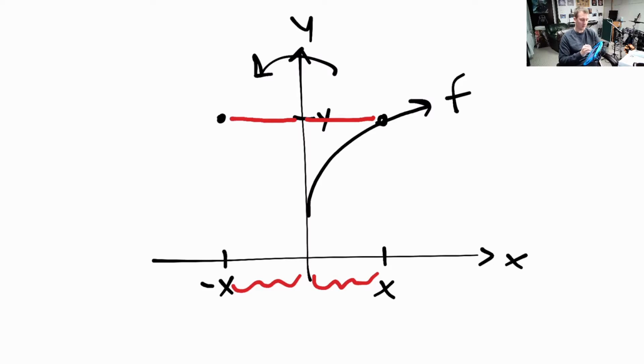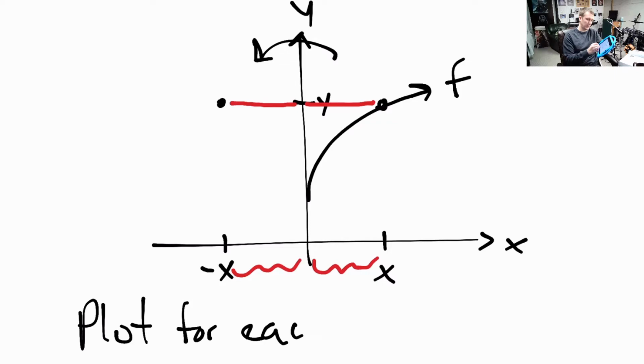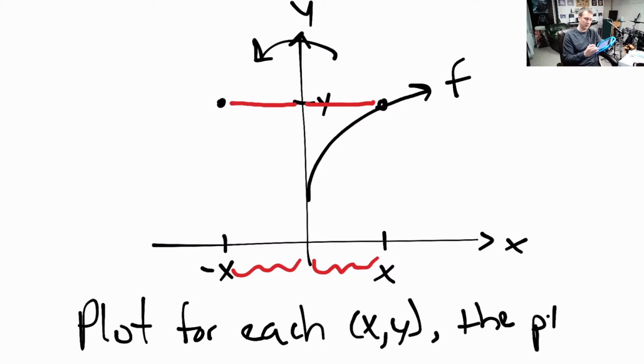So to plot the y-axis reflection, plot for each x, y that you originally have the point negative x, y.